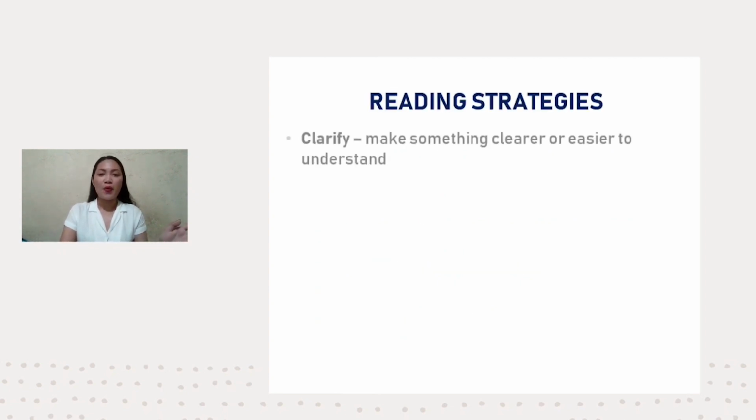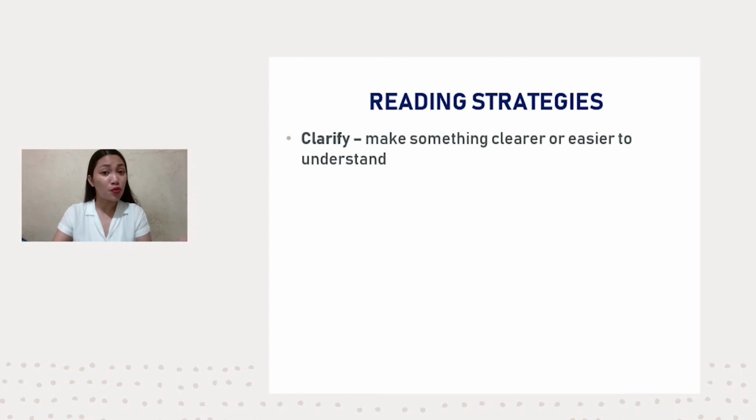Now, the first strategy is clarify, or make something clearer or easier to understand. For example, I am reading a novel and I encountered the word pulchritude, which is unfamiliar to me.